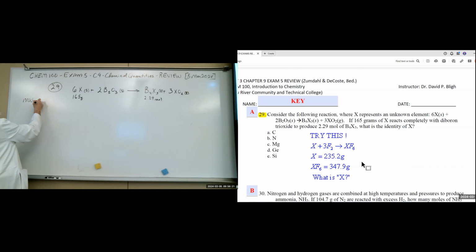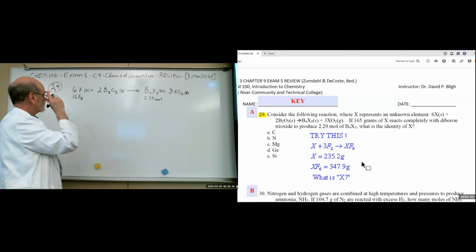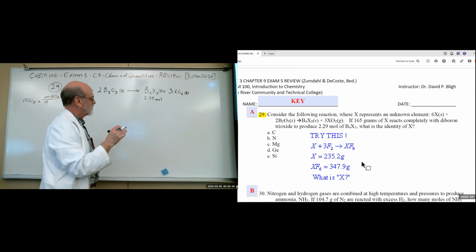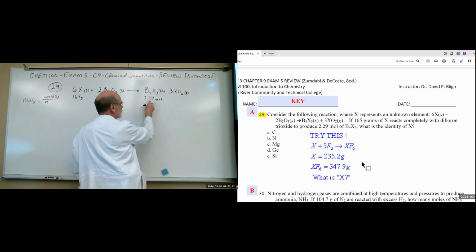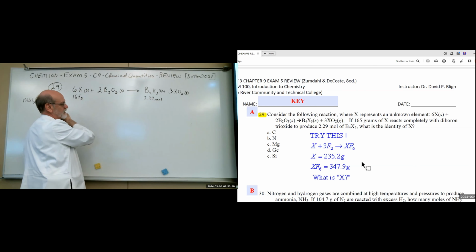Molar mass of X. You need to know the mass and the number of moles. We know the mass right here. This is 165 grams. We need to know the number of moles. Look here. That's the number of moles that's produced of this compound from this element.